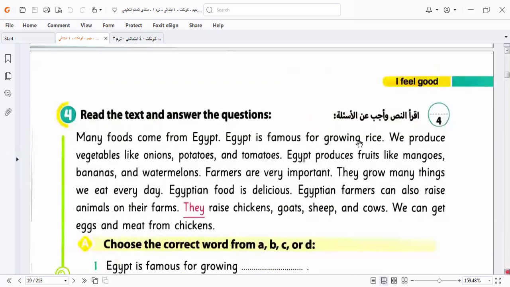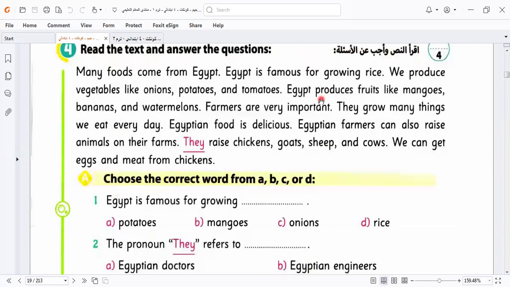Here we have the text. I would like to say something about the text in grade 4, because we are taking this syllabus for the first year. You must read the text very well to answer the questions below it, because this year we have tricks in the comprehension.